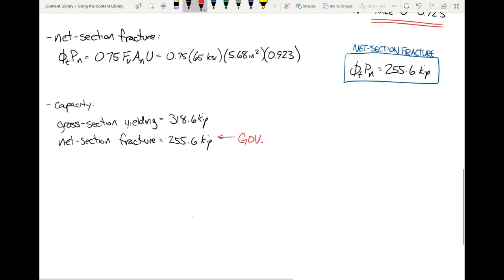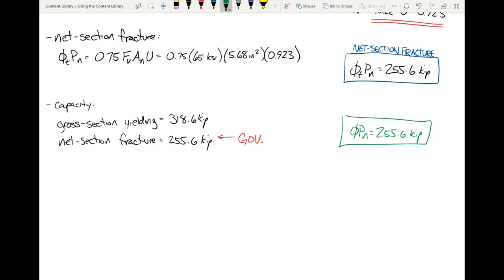So what is VPN? VPN is 255.6 kips. You could think of that as an answer, but that's not the entire story. All of that is the resistance side.